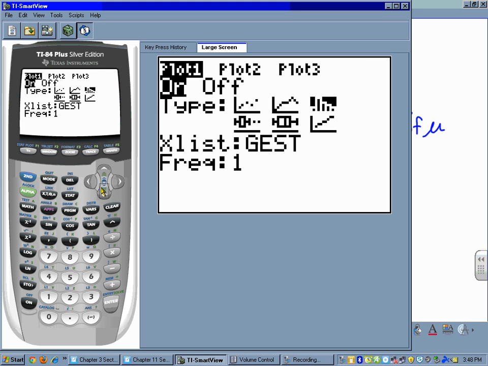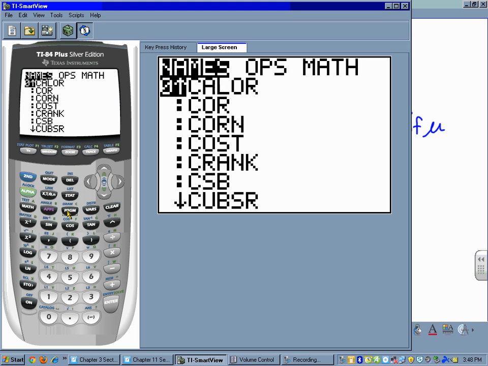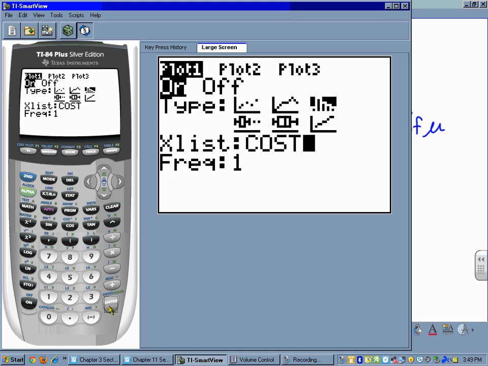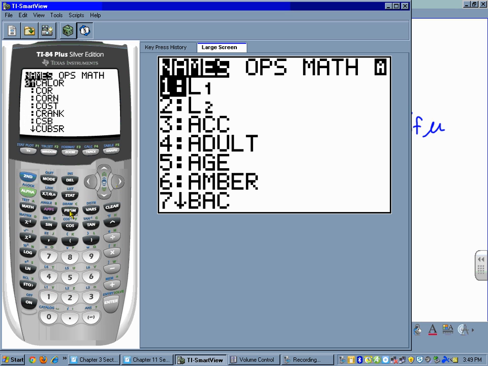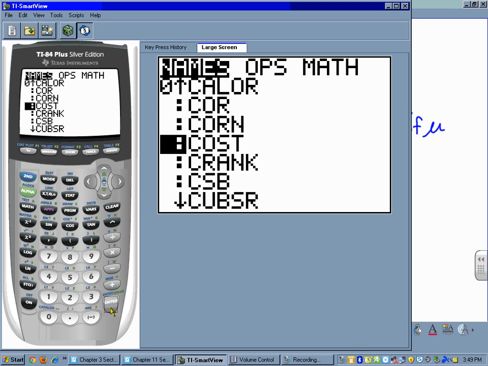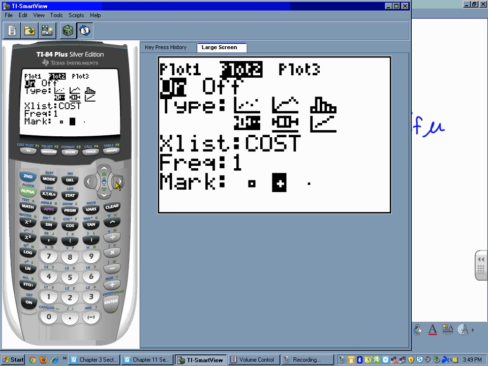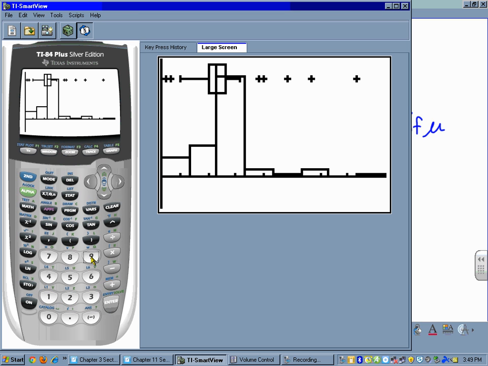I am calling it cost. I'm going to superimpose a box plot over top of this so I can look at them at the same time. And that again is list cost. And let's now take a look at this, Zoom 9.